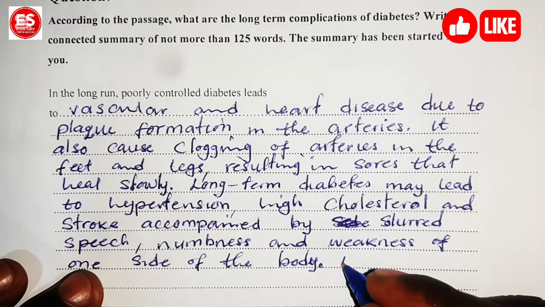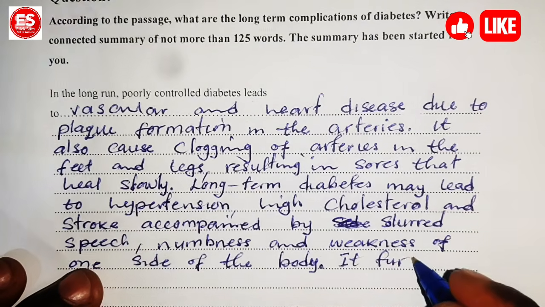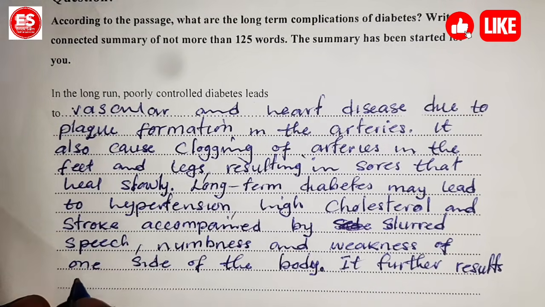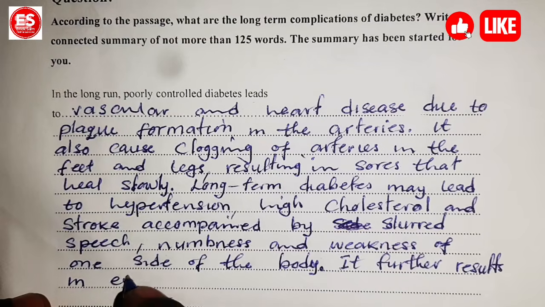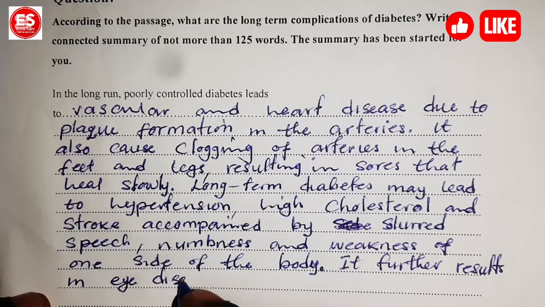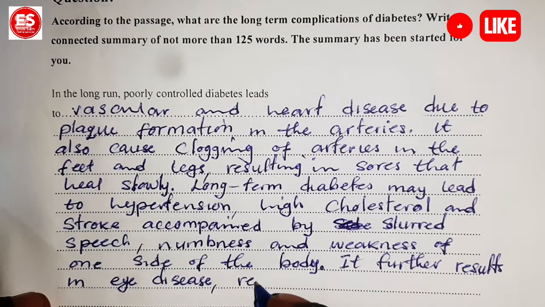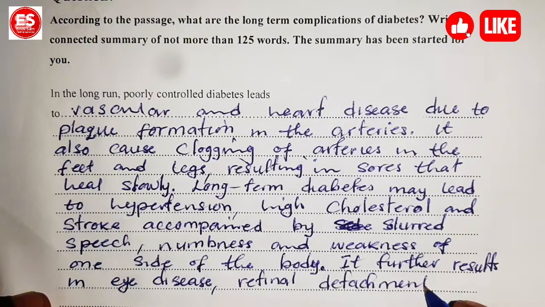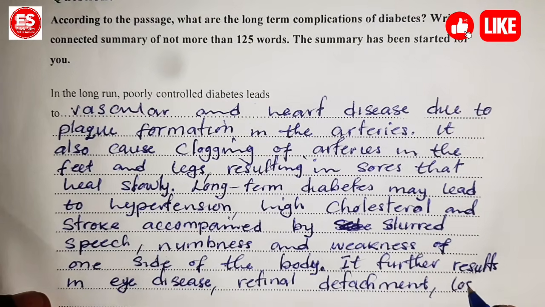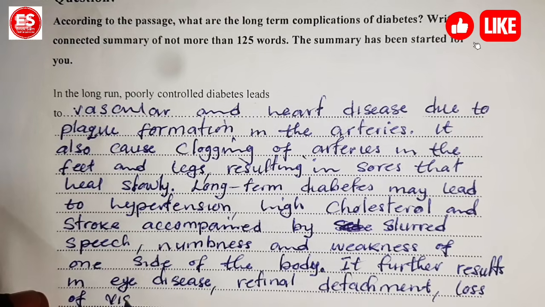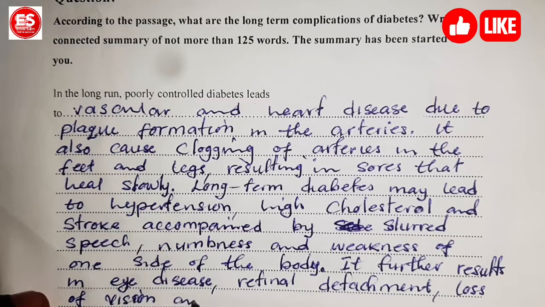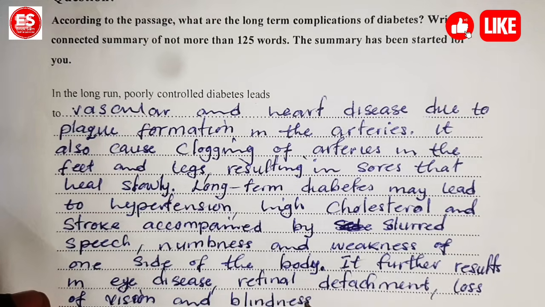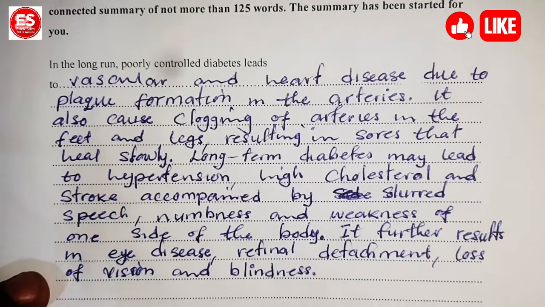From there, we're going to say, furthermore, it further results in eye disease, retinal detachment, then loss of vision, and blindness.